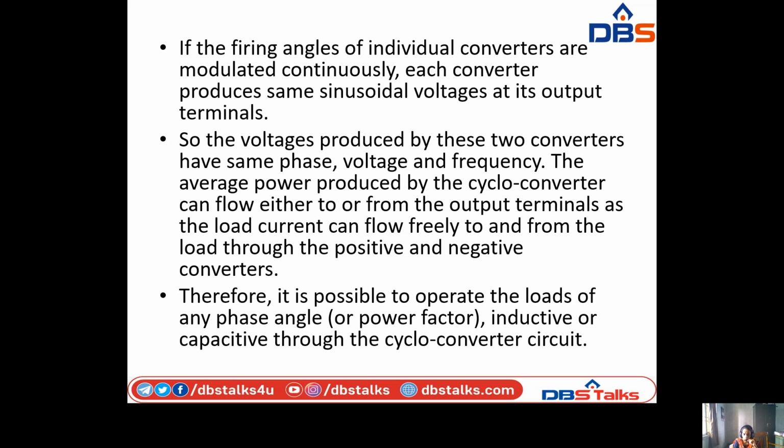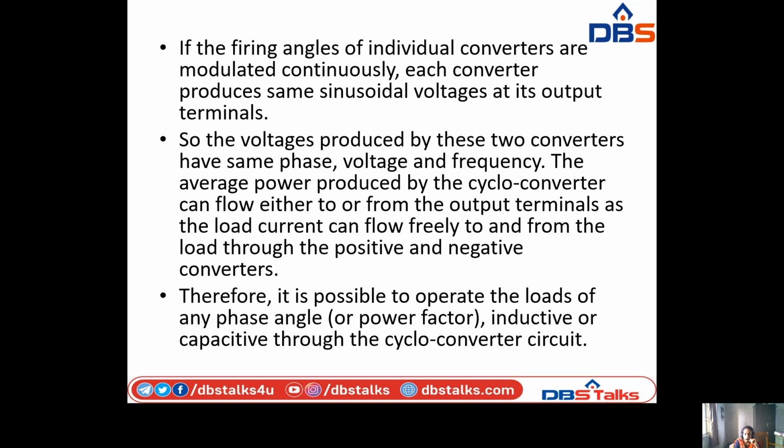So the average power produced by the cycloconverter can flow either to or from the output terminal, as the load current can flow freely to and from the load through the positive and negative converter. Therefore it is possible to operate loads of any phase angle, inductive or capacitive, through a cycloconverter circuit.